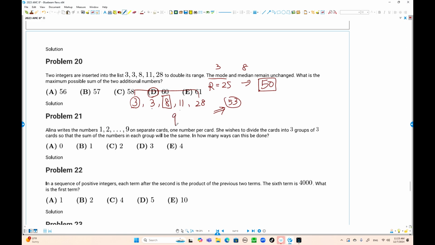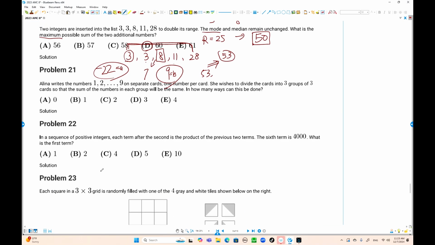If B is 9, then 28 minus 50 is negative 22, right? That is, the range is 50. B is 9, A is negative 22, so A plus B is still negative, isn't it? Negative 22 plus 9 is negative 13. That is not maximum, right? Maximum is positive. That's why we choose 7 and 53, okay?